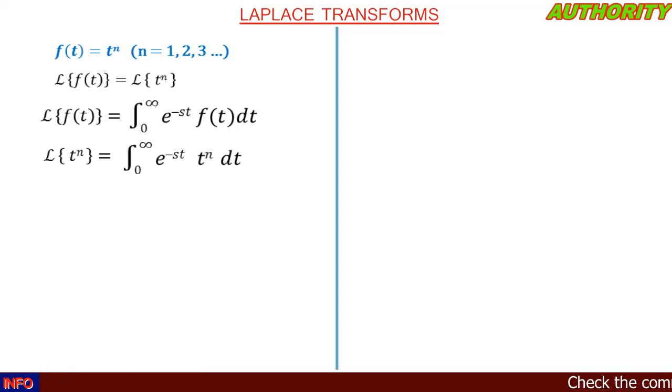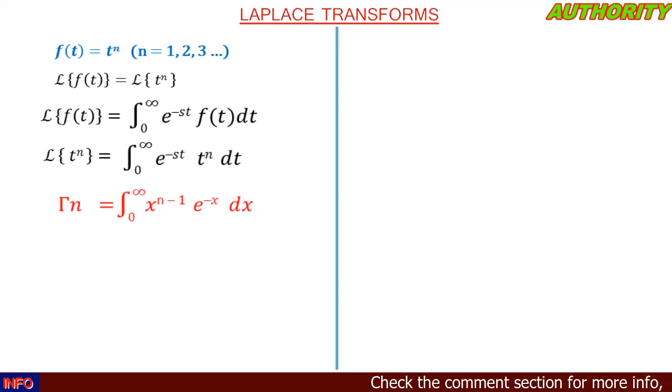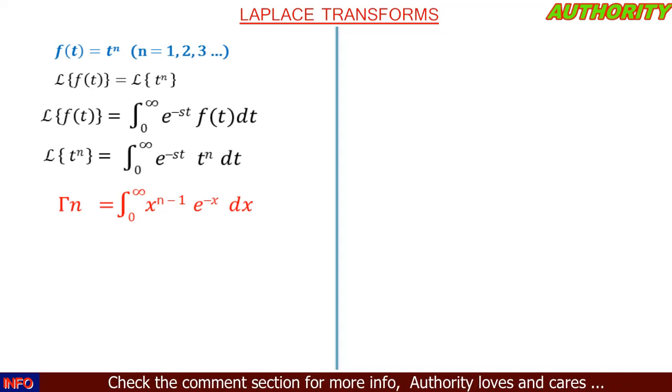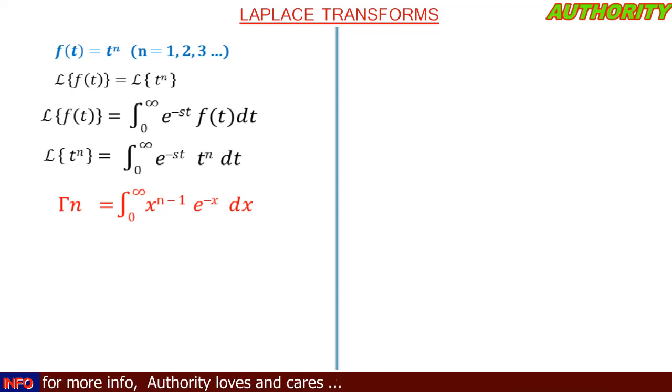Now, before we go further, I want to introduce something to you. We call this the gamma function. What is the gamma function? Look at the sign. When we say the gamma of n, it is the integral from 0 to infinity x raised to the power of n minus 1 multiplied by e raised to the power of minus x dx.